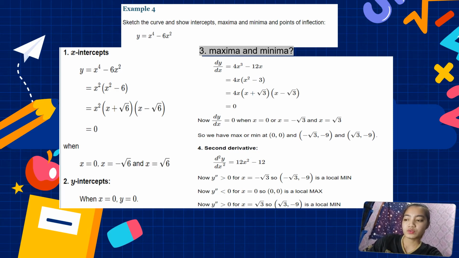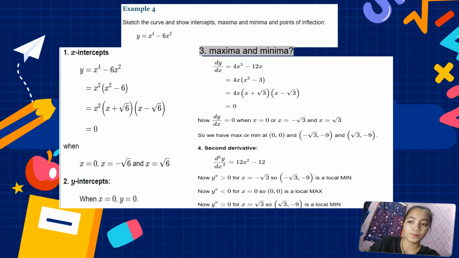Second, we find the y-intercept. When x = 0, then y = 0. Third, maxima and minima. dy/dx = 4x³ − 12x = 4x(x² − 3) = 4x(x + √3)(x − √3) = 0. Now dy/dx = 0 when x = 0 or x = −√3 and x = √3.